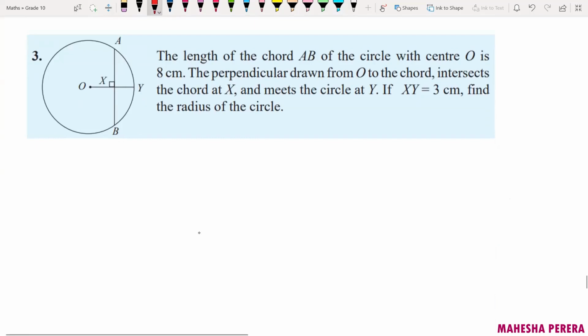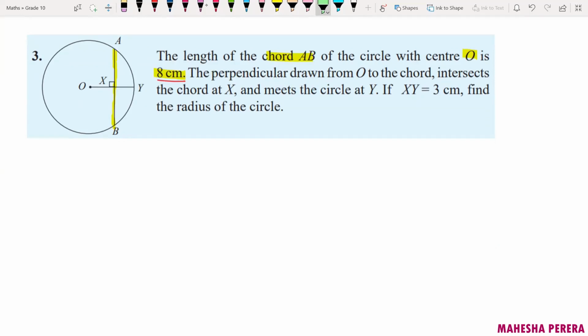Okay, let's read the next question. The length of the chord AB of the circle with center O is 8 centimeters. Now here is our chord AB, right? The length of this chord is 8 centimeters.